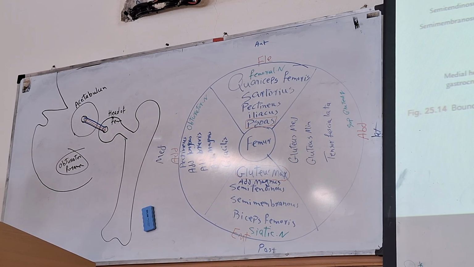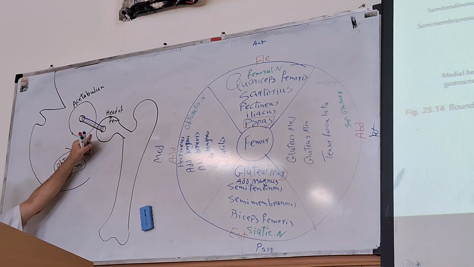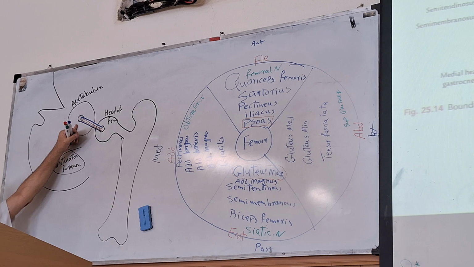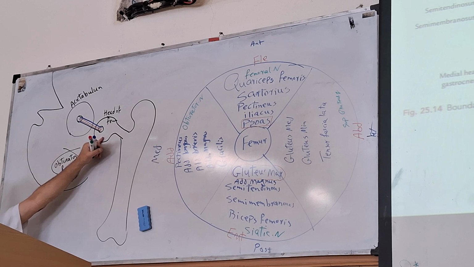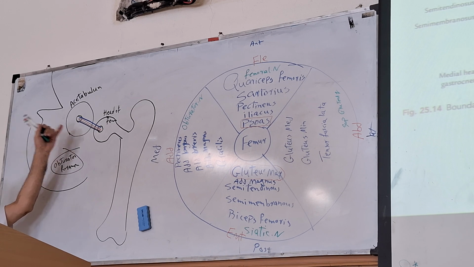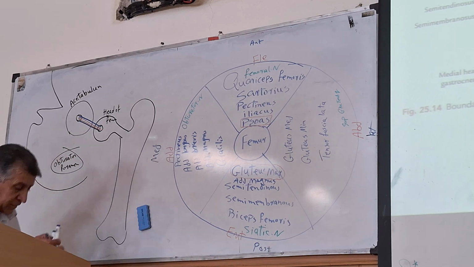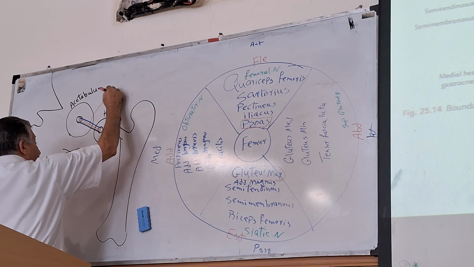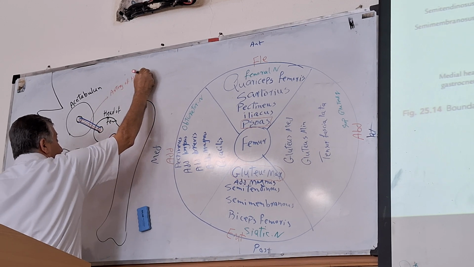The head of the femur contains the ligament of the head of the femur, which attaches the head to a fossa in the acetabulum. This ligament contains an artery for nutrition of the head, called the artery of the head of the femur.